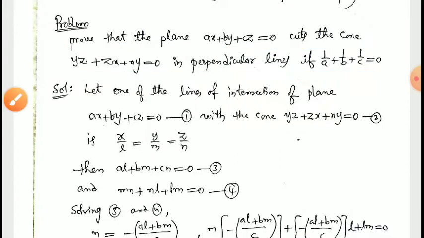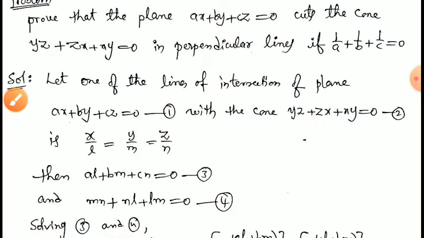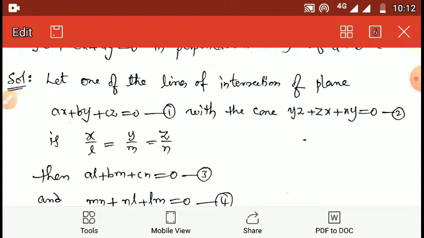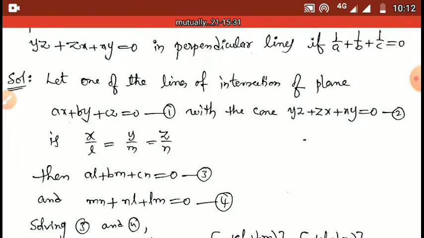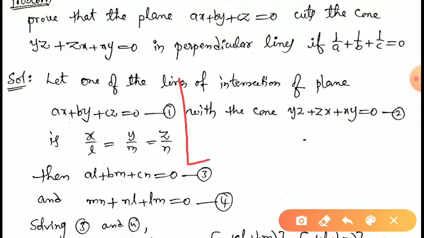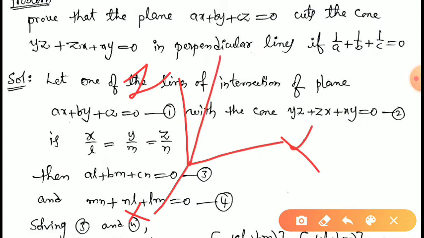So here you are given, see this, suppose that this is x axis, this is y axis and this is z axis. This is the cone whose vertex is origin. This cone is given by the equation which is given in the problem.